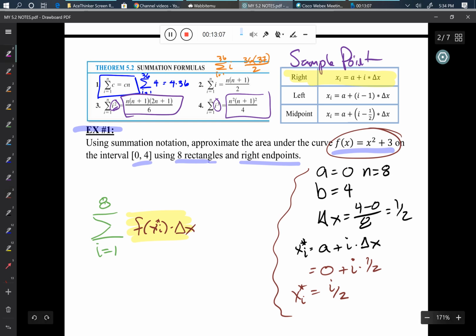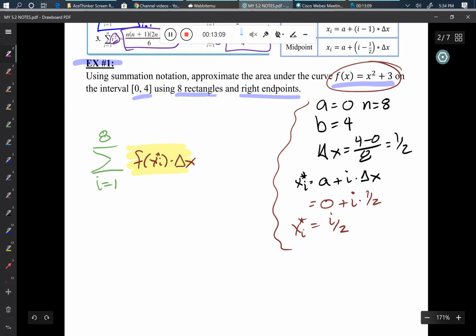So let's go ahead and fill in that even more correctly. We're doing the summation as i goes from 1 to 8 of, let's see, what was my function? Oh yeah, it's over here.